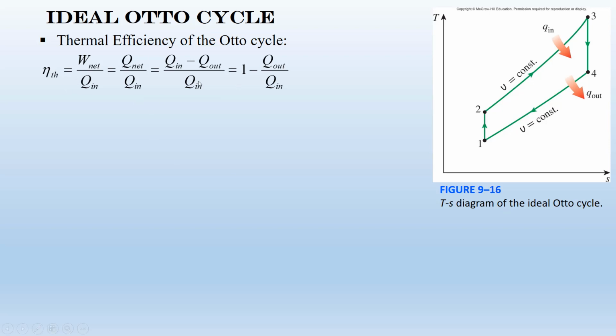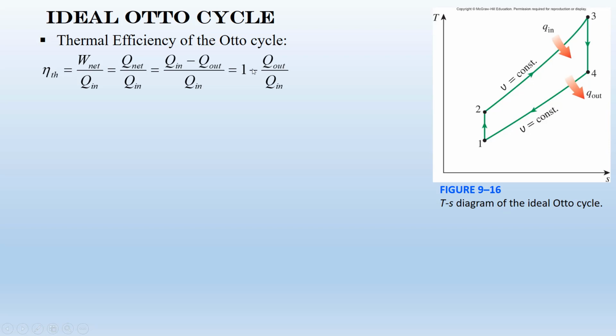For the W net, if you write the energy balance for this cycle, you can write that W net equals Q net, and then the Q net equals Q in minus Q out. If you simplify this term, you can write that thermal efficiency is 1 minus Q out over Q in.